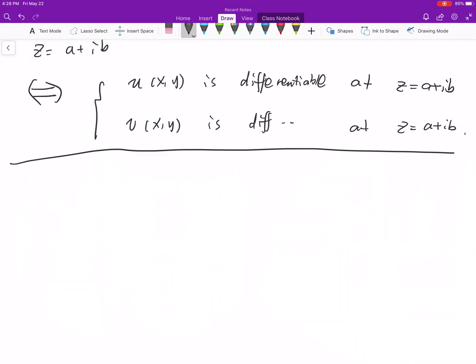Nothing special, just two components, u and v, are both differentiable as multivariable functions in the variables x and y.